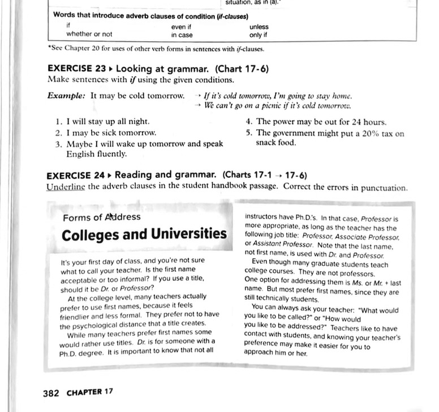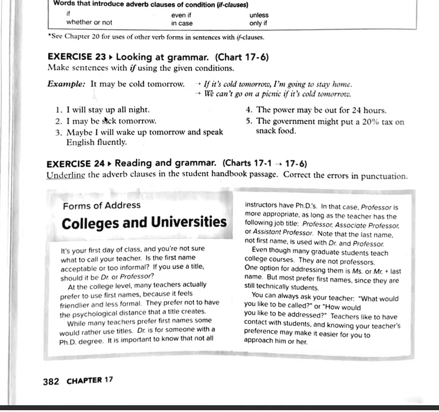So, if we look at exercise 23, make sentences with if using the given conditions. Example, it may be cold tomorrow. So you say, if it's cold tomorrow, I'm going to stay home. Or we can't go on a picnic if it's cold tomorrow. Okay?